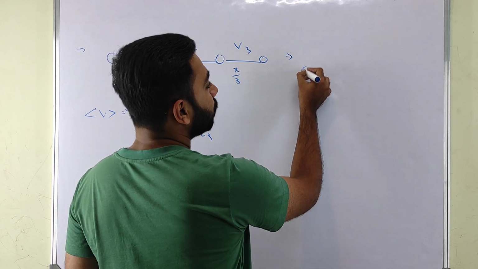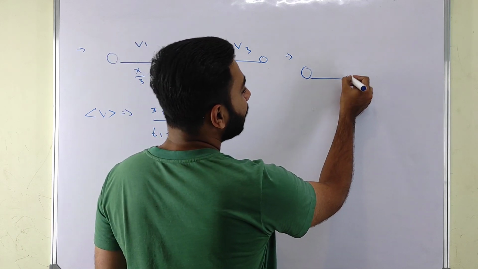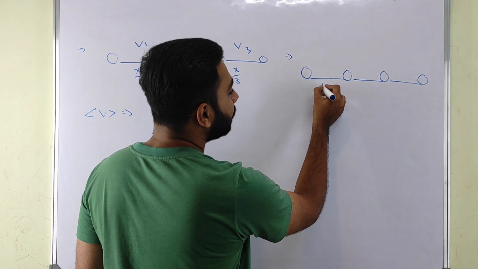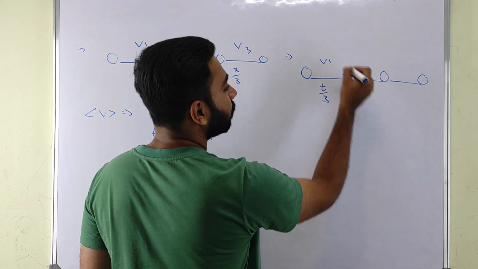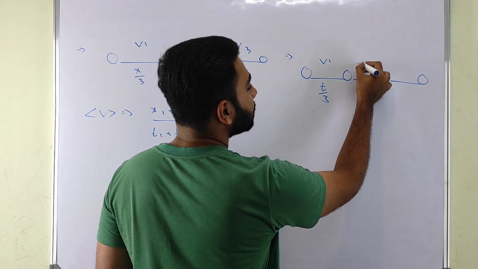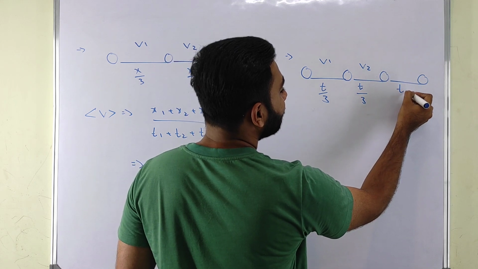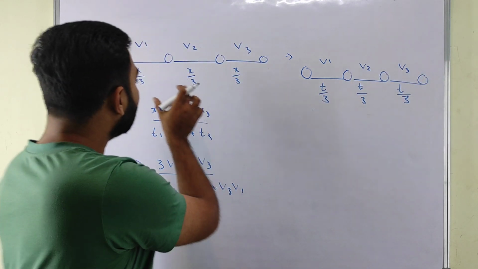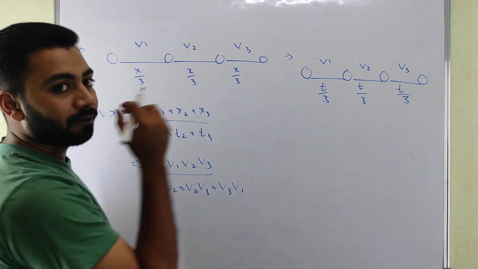Here what they are saying is, one particle is traveling like this: it takes t by 3 time with velocity v1, t by 3 time with velocity v2, and t by 3 time with velocity v3. Here distance, here time, velocity is there.